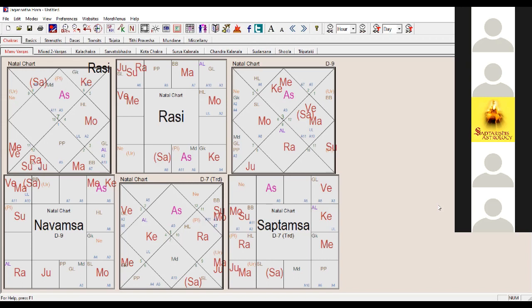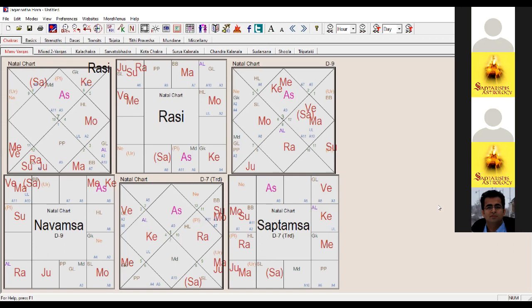Yes, Keshavji. Sir, after seeing this example, both these conditions are fulfilled, that in moon dasha this person will be father or mother.